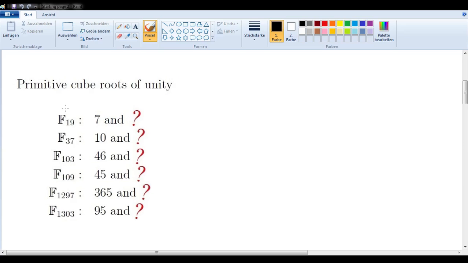So let's say we're in the field F19, and we know that one of the primitive cube roots of unity is 7. Well, since we know that 7 as a primitive cube root of unity generates all the other cube roots of unity, then we can just look at the set that 7 generates. Namely, 7 and 7 squared would be 49, 7 to the third power would be 343.